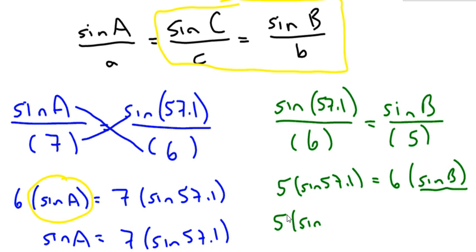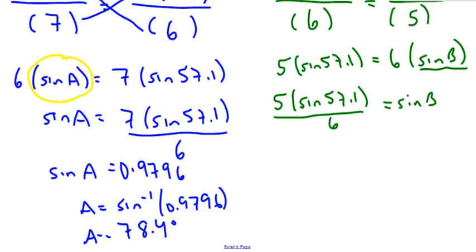So 5 times sine 57.1 divided by 6 is equal to sine B. And now I'm ready to type that into my calculator and get the decimal value of sine B. So sine 57.1 times 5 divided by 6, I get 0.6997.